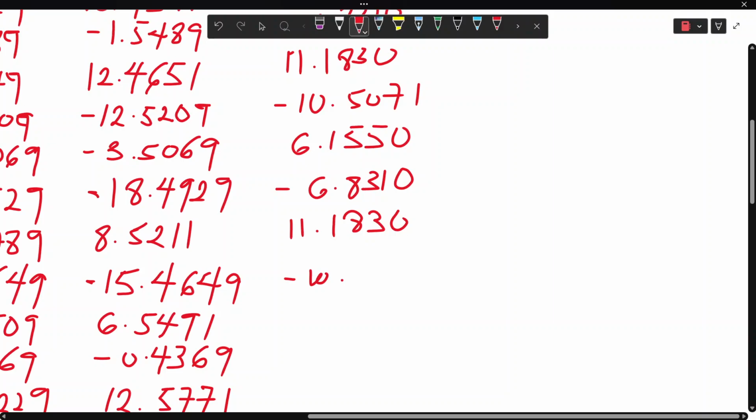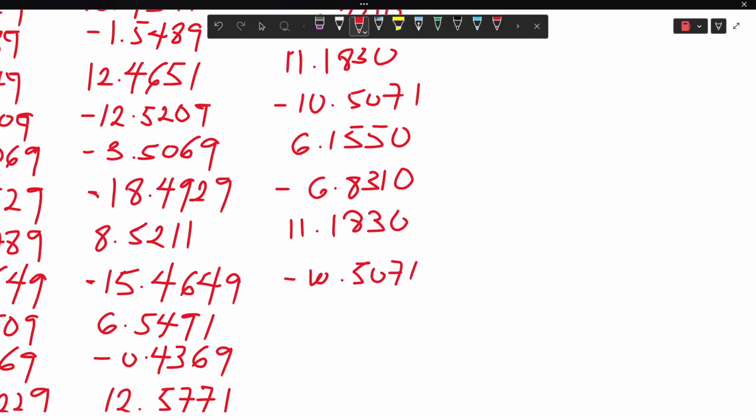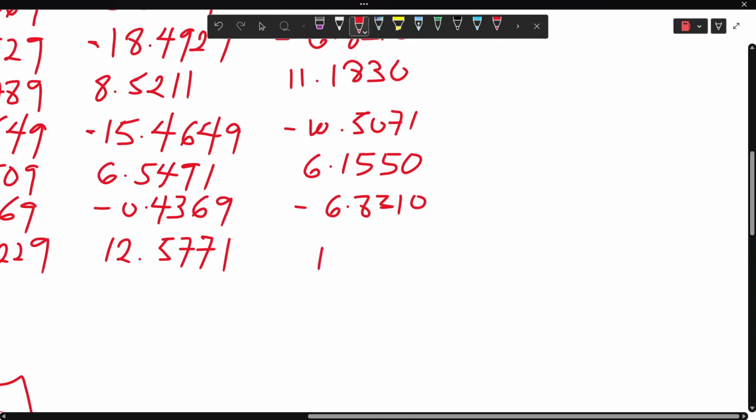negative 10.5071, 6.1550, negative 6.8310, 11.1830.